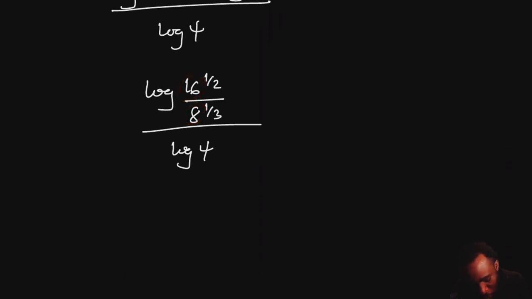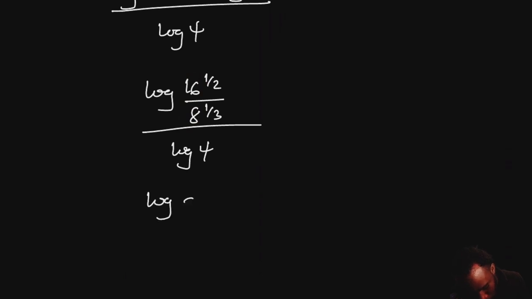We can change the 16 to a common base of 2. And how do we do that? We know that 2 times 2 times 2 times 2 becomes 16. So 2 multiplies itself 4 times to get 16. So therefore, we can rewrite the 16 over here as 2 raised to the power 4. So let's do that now.